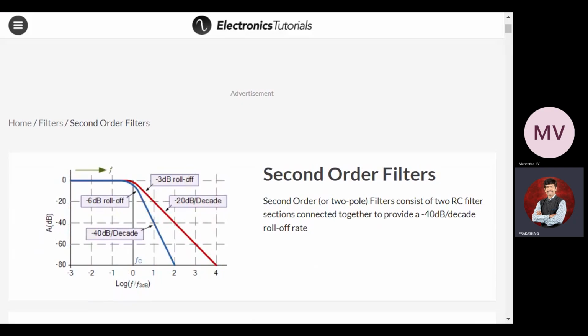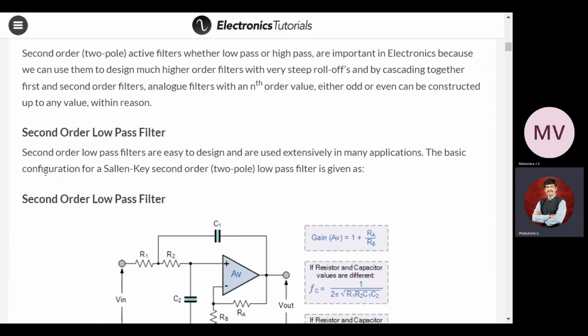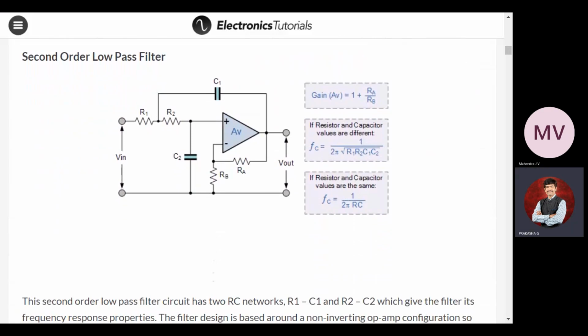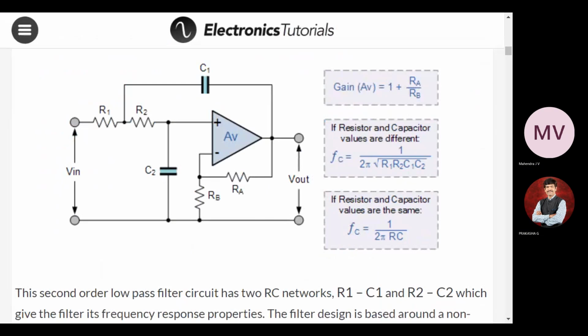When it comes to the second order low pass filter, we have two sets of RC components. Let us see how exactly it looks. So the circuit diagram, let me increase the size. Is the circuit visible?